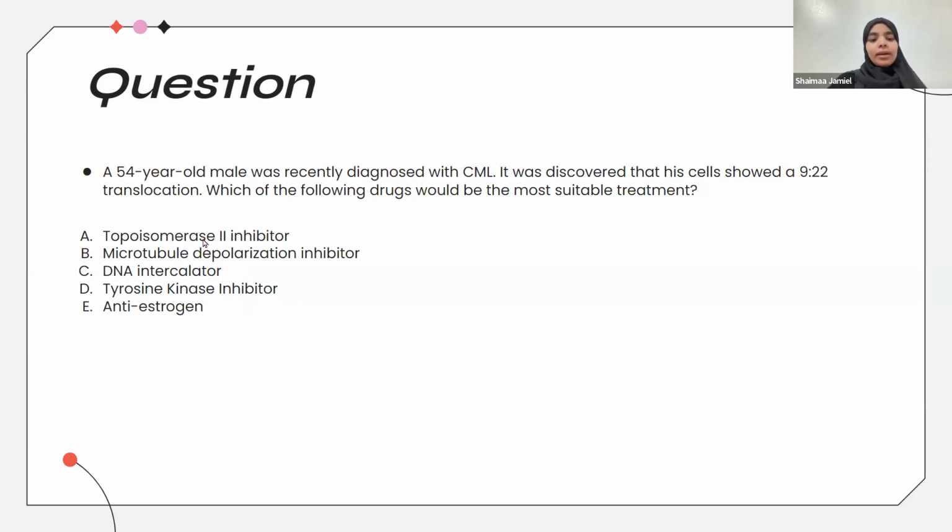Etoposide. Which one inhibits microtubule depolymerization? Paclitaxel. Good.